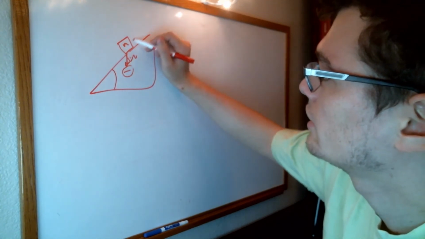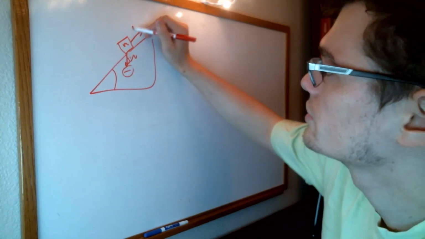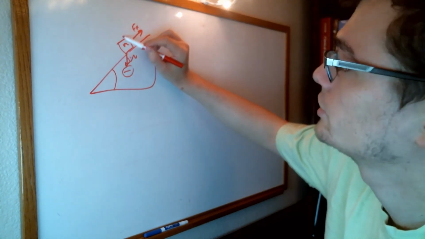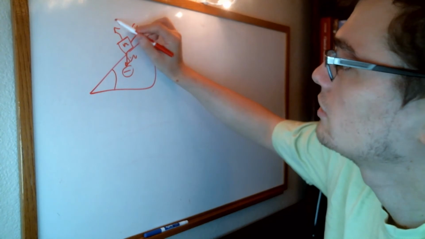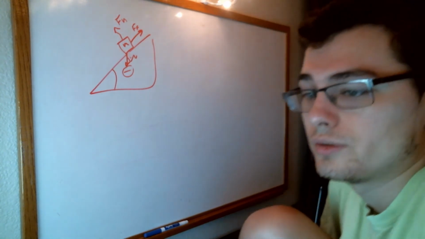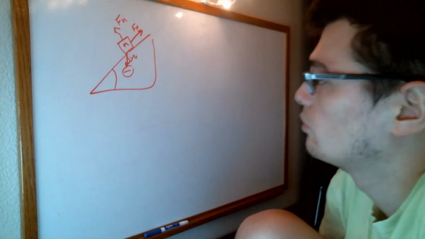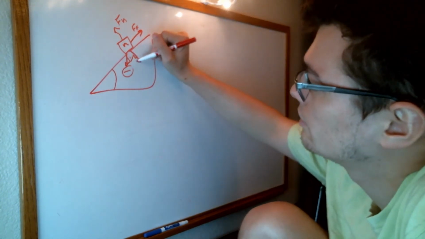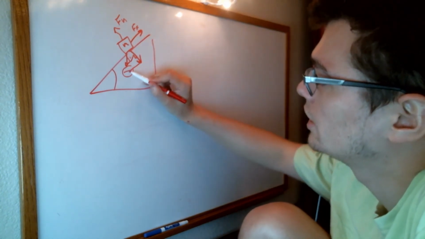We know that the force of friction is in that direction, and we know that Fn is in this direction here. So now what we have to do is split the weight up into its different components. So one here and one here.